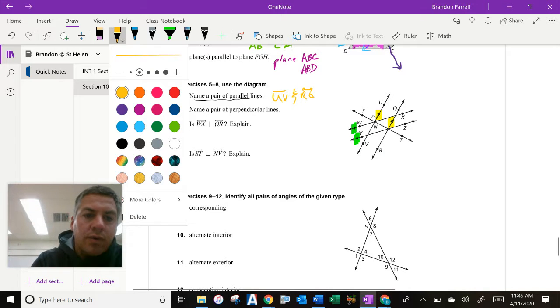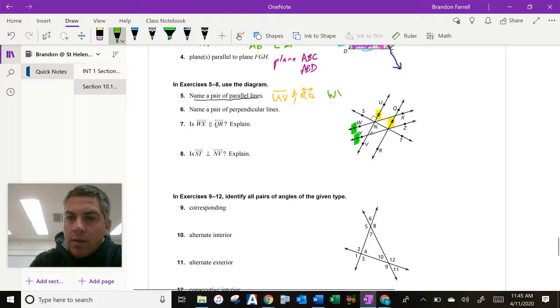And if we go to green, we're going to do WX, and YZ. Okay, so those are the lines that are parallel.